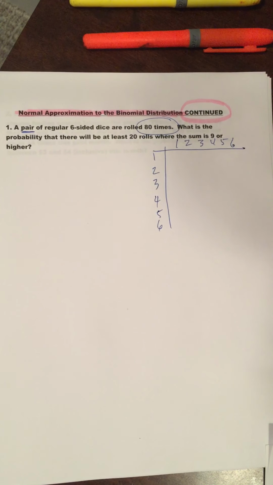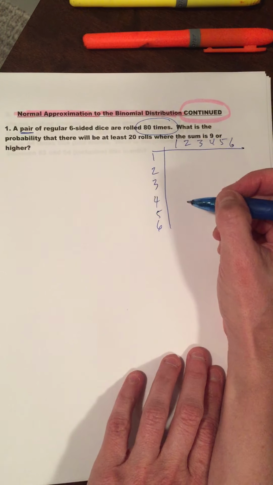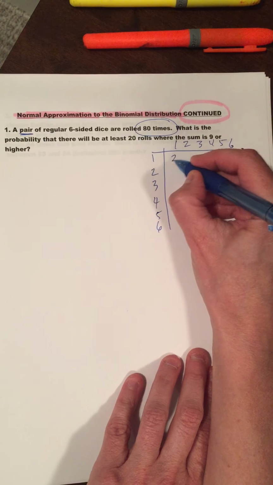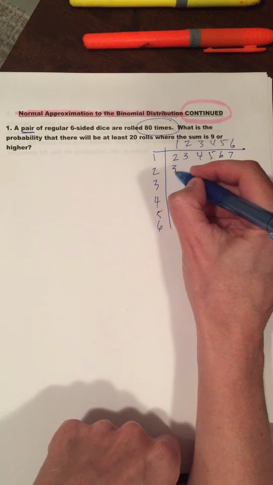Now, again, this is what makes this question not a traditional probability question. Traditional probability, you're just pretending that you're rolling it once, right? And asking yourself, what's the probability? Okay, so it's rolled 80 times. Let me fill this in.